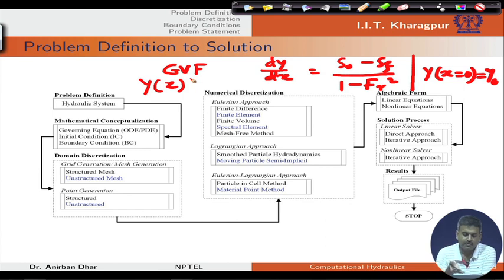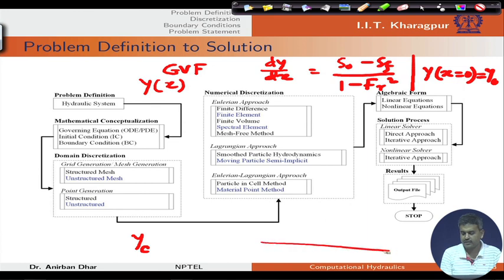So, from this one we can classify the type of GVF, but for classification further we need 2 main flow depths. One is YC, which is critical depth, and this corresponds to our critical depth line.